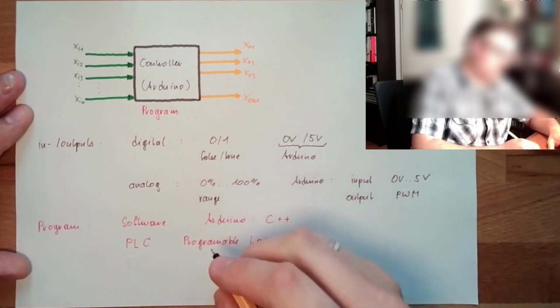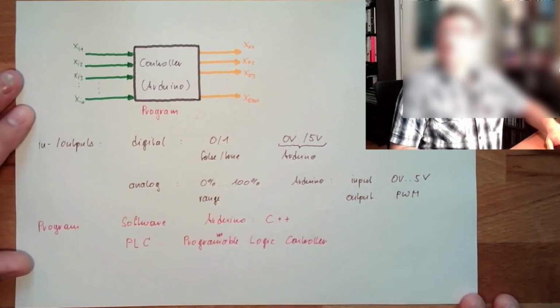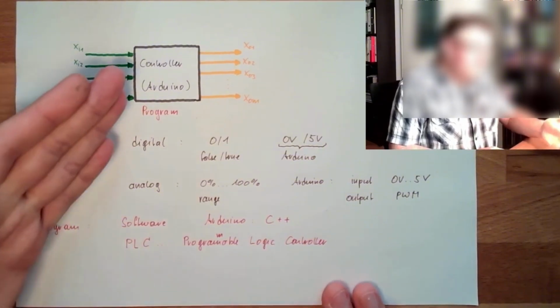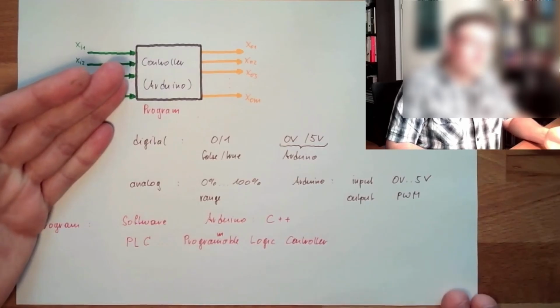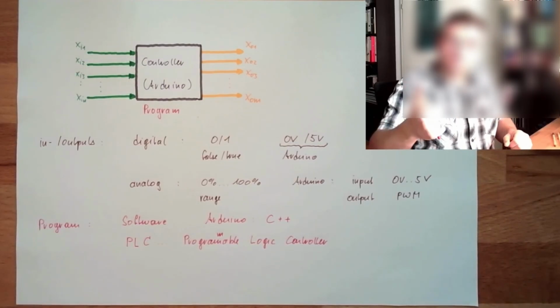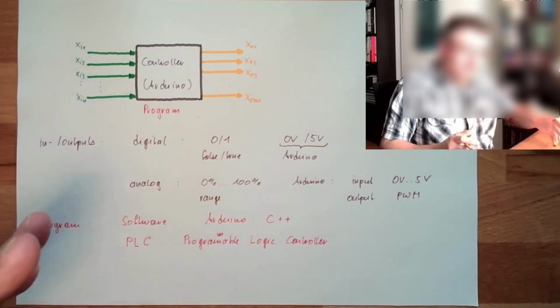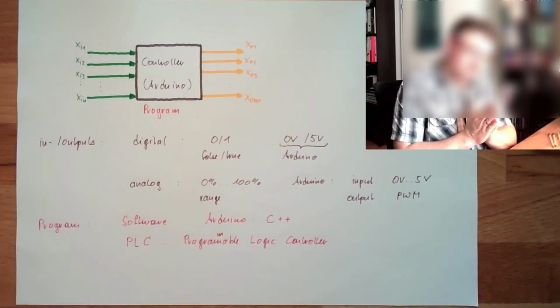There will be a second M, it looks better. Programmable logic controller. This is actually what our Arduino is. Our Arduino is a PLC. Well, for a real PLC, some parts are missing. The casing is missing, the screw terminals are missing. It's the core of a PLC, but the functionality is there.